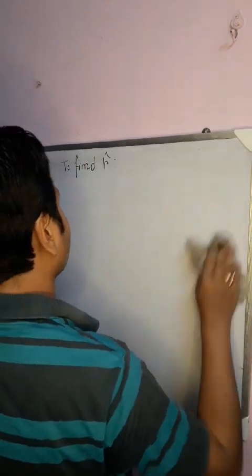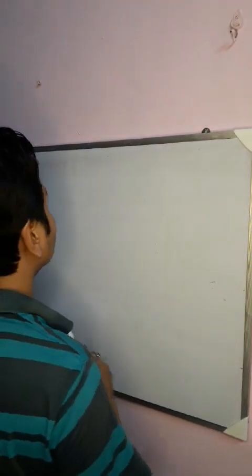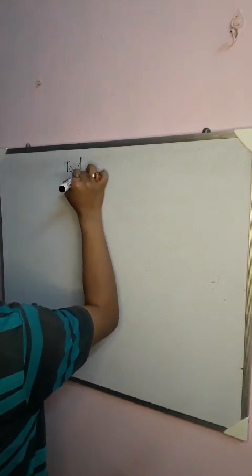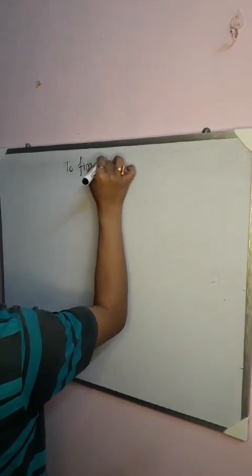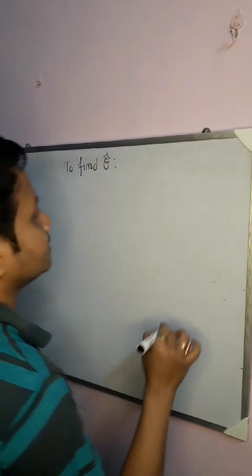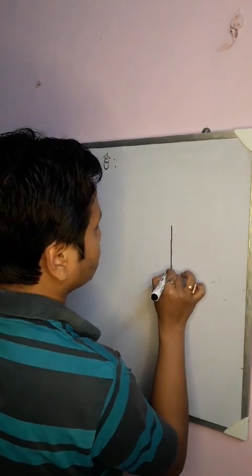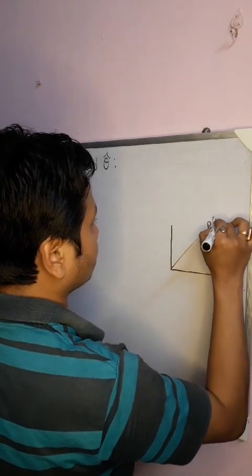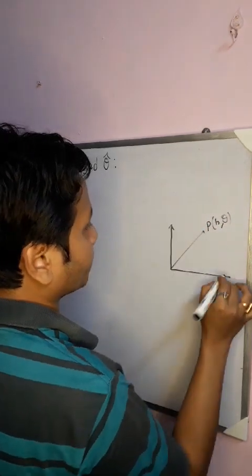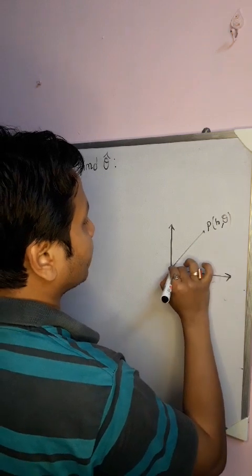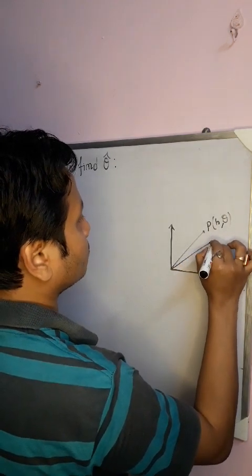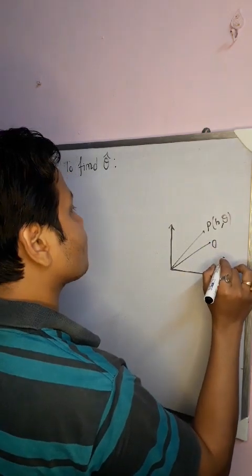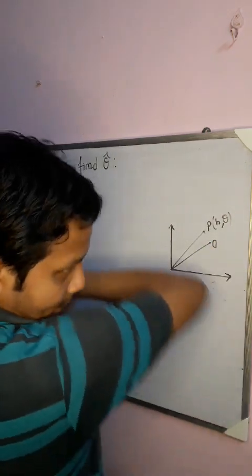Now, to find theta cap, how can we find it? Just draw a picture. Say this is P, with coordinates r, theta.